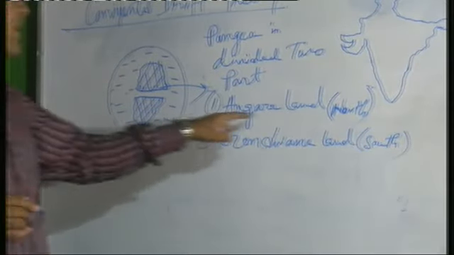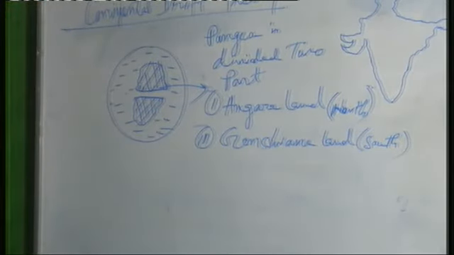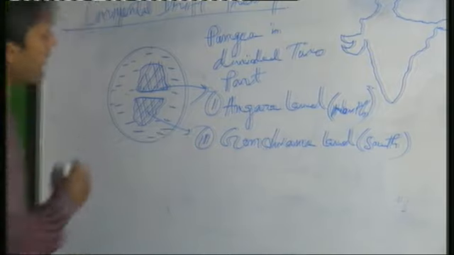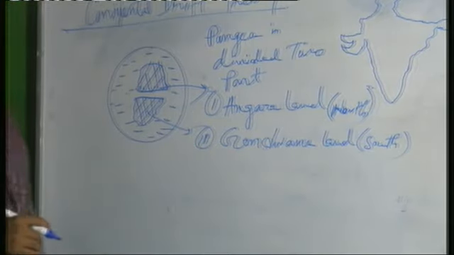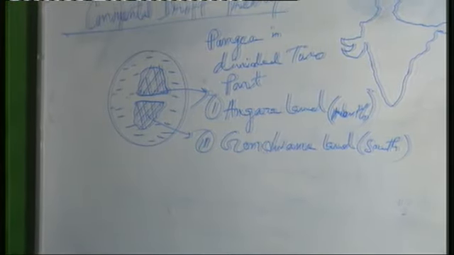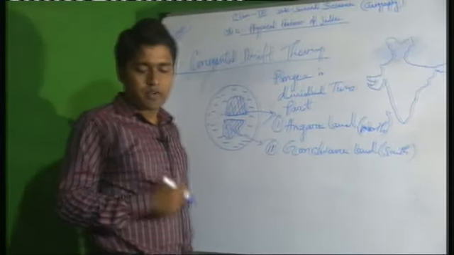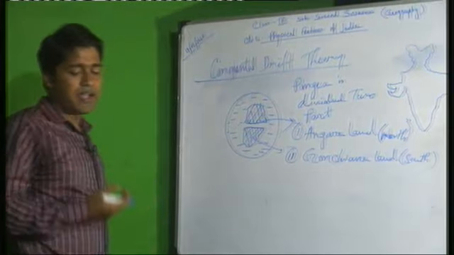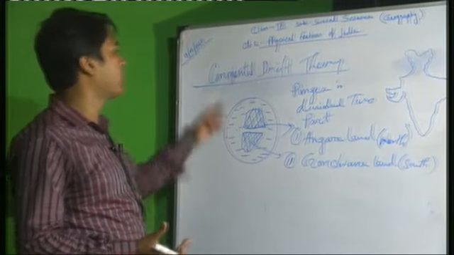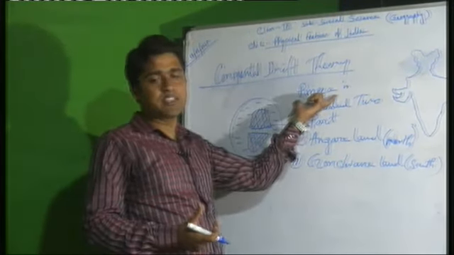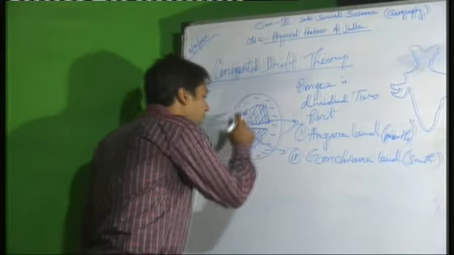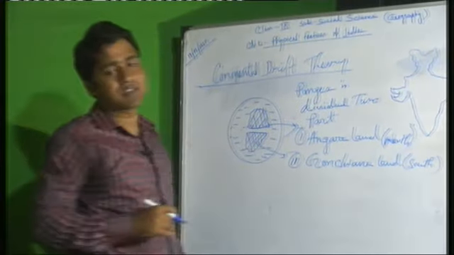Laurasia or Angara land is the northern part of Pangaea, and the southern part of Pangaea is called Gondwana land, which you will read about in this chapter. Gondwana land is the southern part of the ancient supercontinent. I have already told you that the ancient supercontinent is Pangaea, the total landmass of the earth.